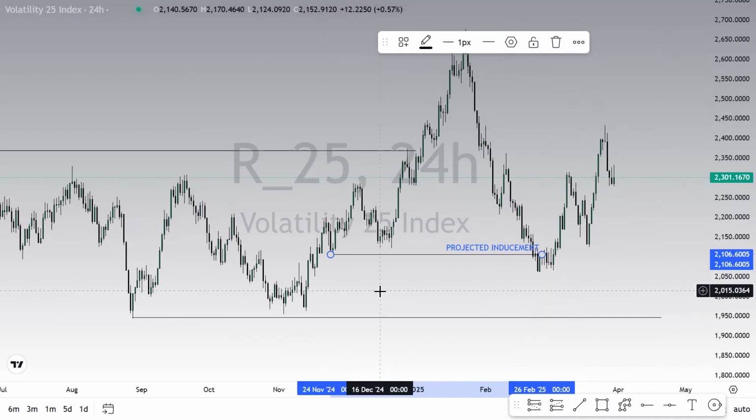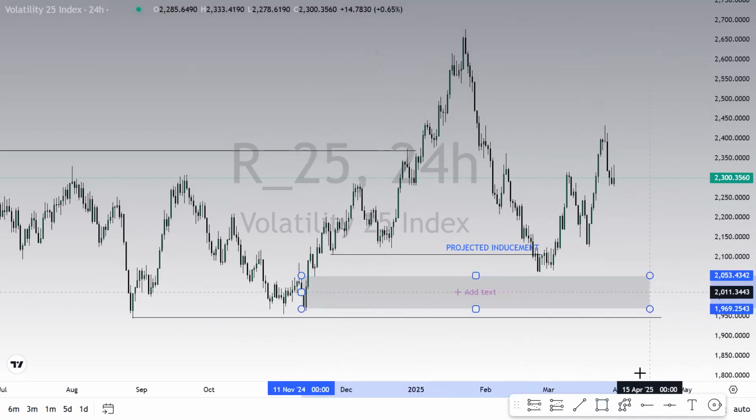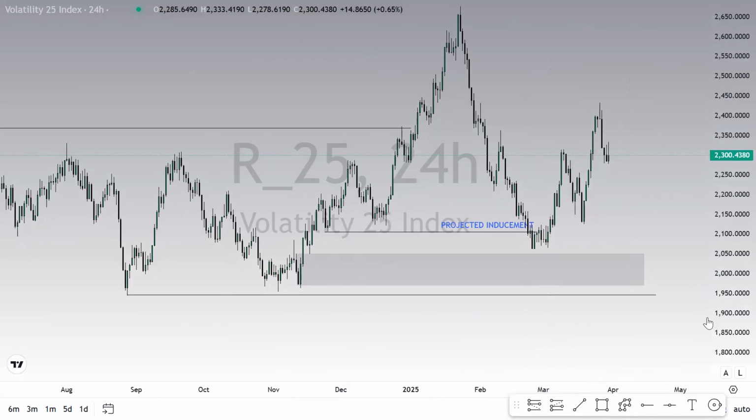Also, where is the likely zone, other block, sponsored candle, or whatever you might want to call it, based on your strategy? What I am talking about is point of interest. Where exactly is the point of interest that you think market would come back to? You also mark that out on the higher time frame. And the next thing you just do is, let me mark my area of point of interest. I'm marking this out as point of interest, right?